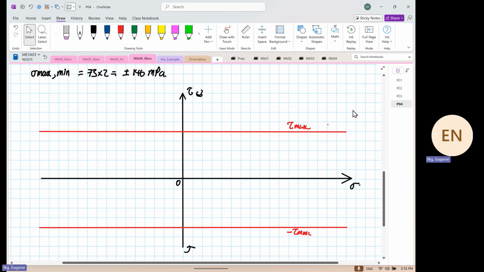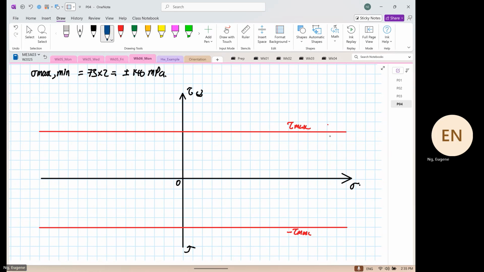Now, as you can see, the distance from here to here is our radius. One thing we are very sure of is that the center over here is our point Z, because point Z is at a point where the normal stress and shearing stress are equal to 0.